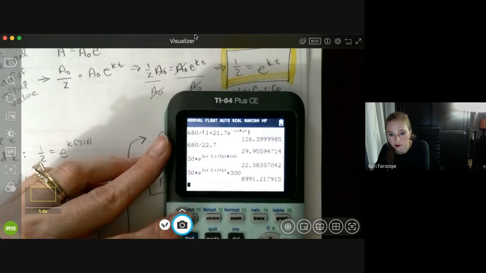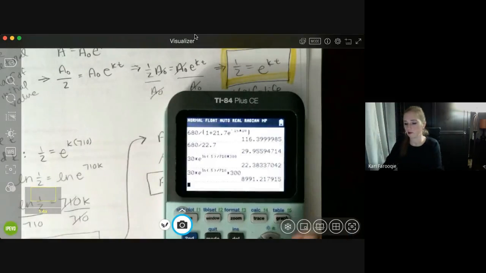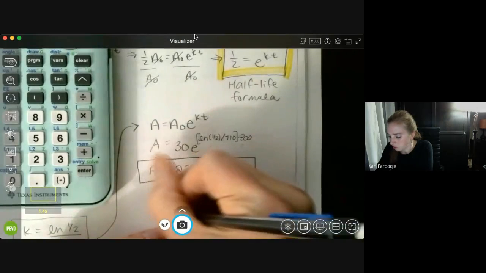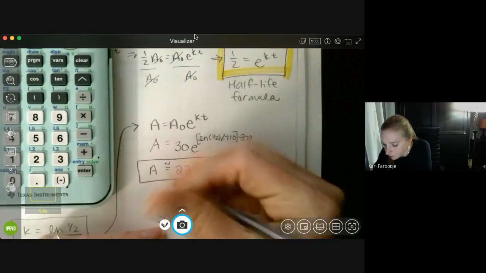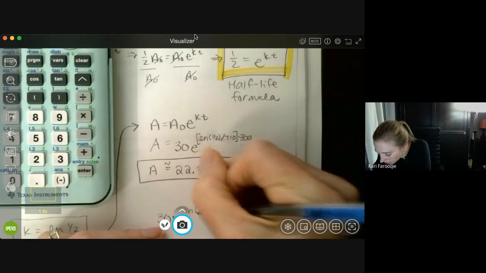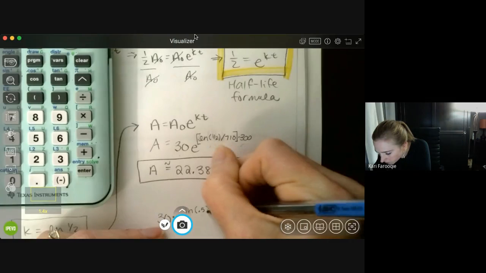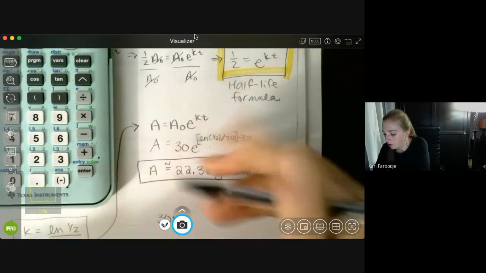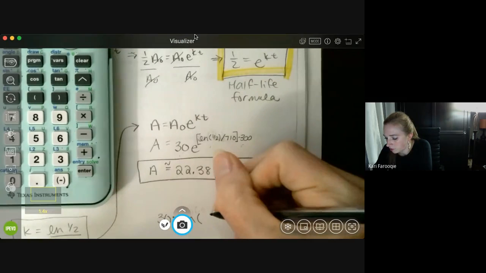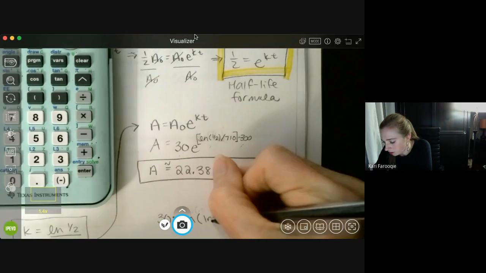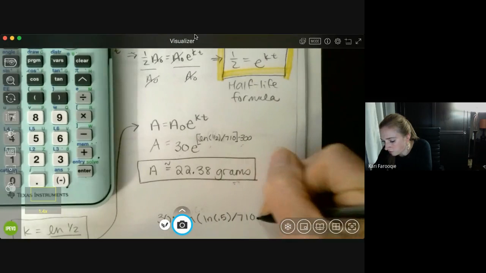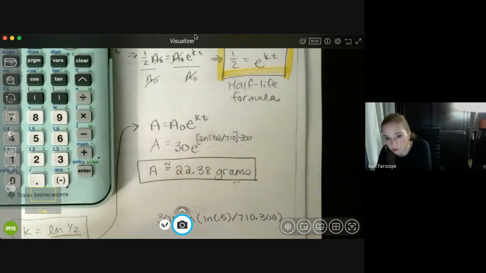Were you able to figure out how to put it into the exponent? I so wish I still had my old 83. Because you would be entering 30 e to the natural log 0.5, divided by 710 times 300, close parenthesis.